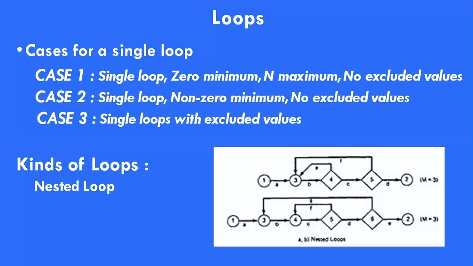We test the minimum, minimum plus 1, typically maximum minus 1, and maximum of the innermost loop, while holding the outer loops at their minimum iteration parameter values. And we expand the tests as required for out-of-range values, and we exclude those values.